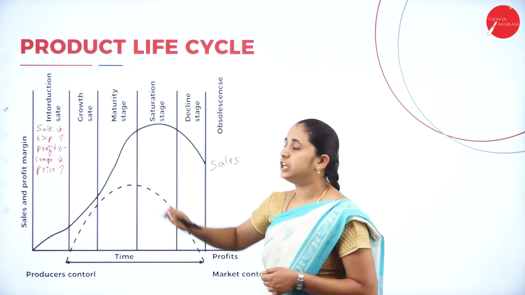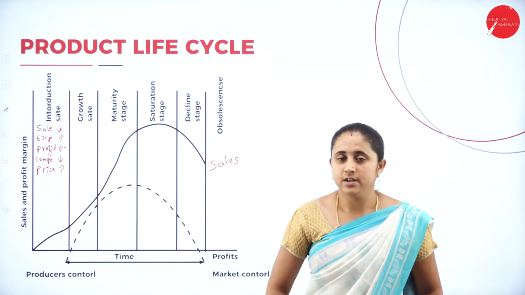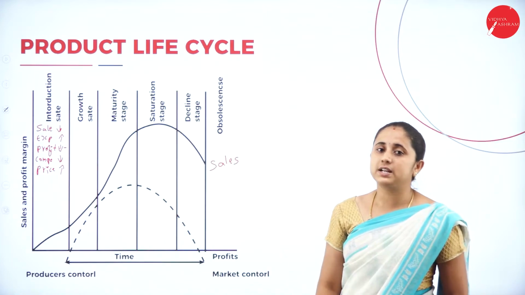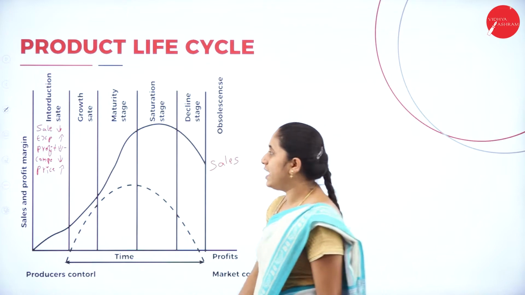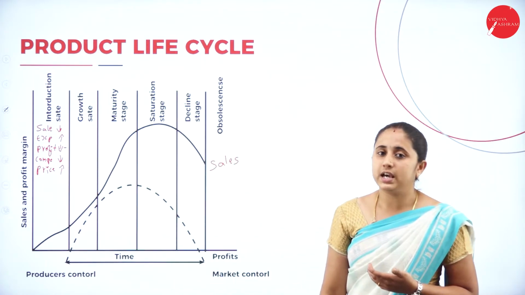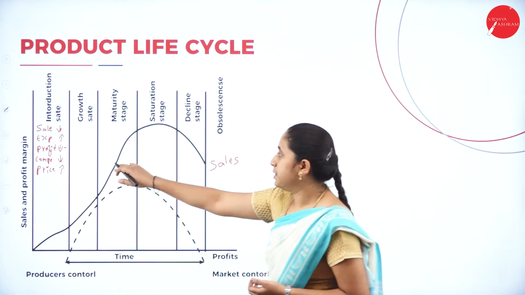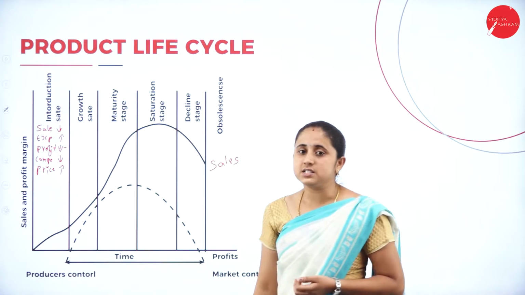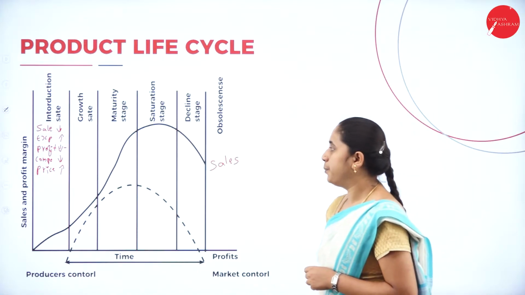Then you need to fix the price according to the competitor's price, so that it will attract customers, and also give discounts or attractive schemes to the customers, which helps in increasing the sales of your product.